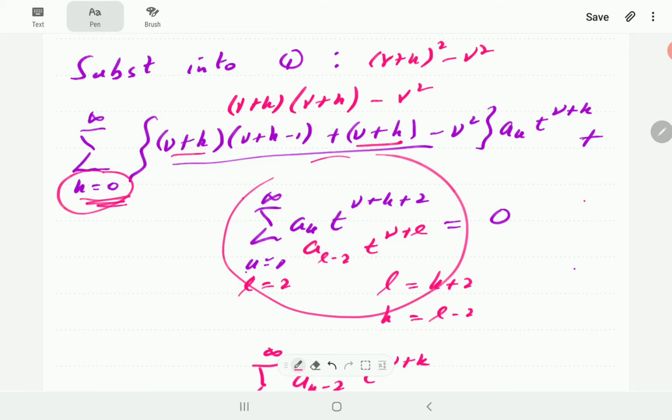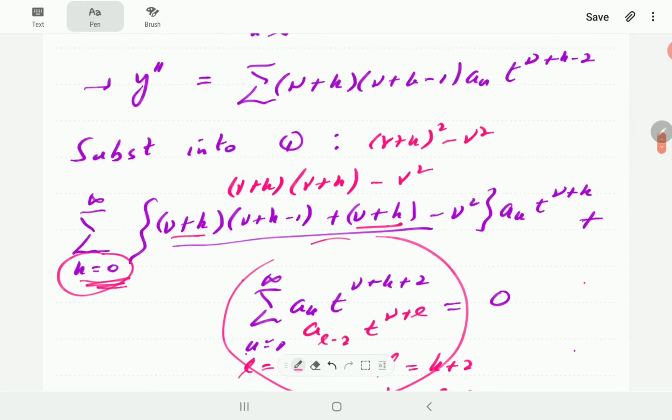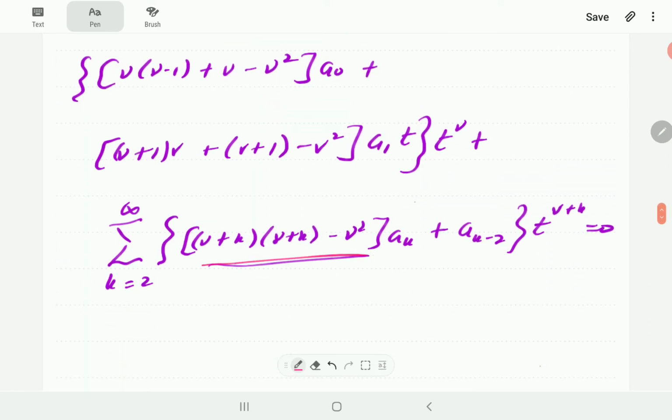If you factorize that, because it's a difference of two squares, it's going to be nu plus k minus nu, and then nu plus k plus nu. This one is just k, and this one is 2 nu plus k. So that's what this is now going to simplify to in the next step.